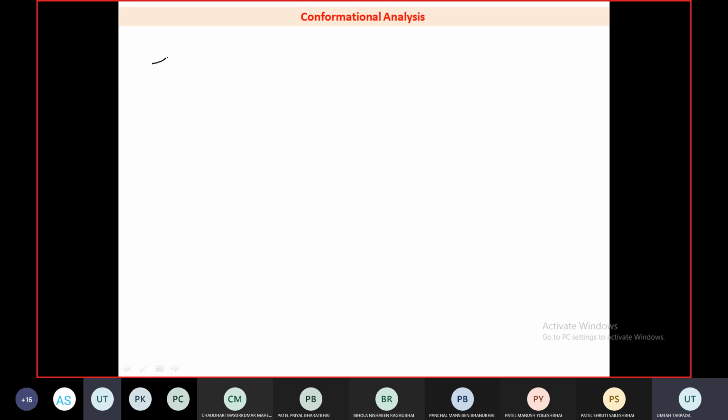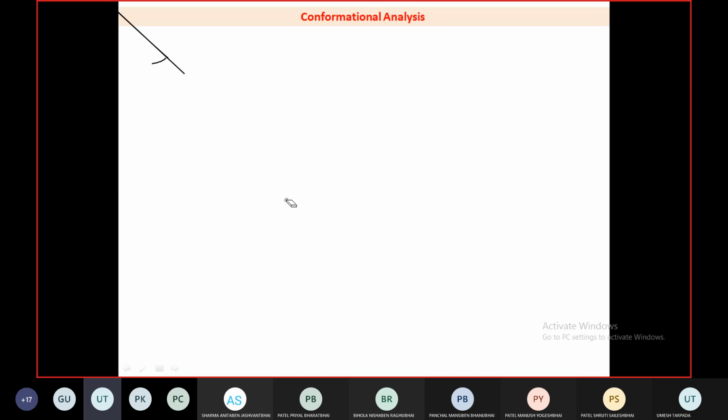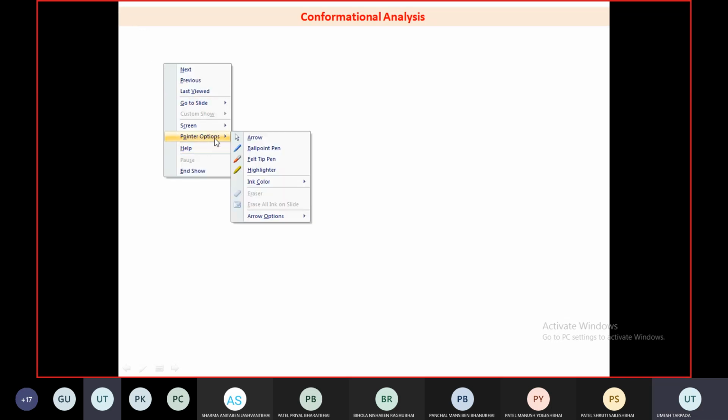First of all, I will tell you, in cyclohexane, what happens? Whatever the conformations of cyclohexane are, you remember cyclohexane has different conformations.